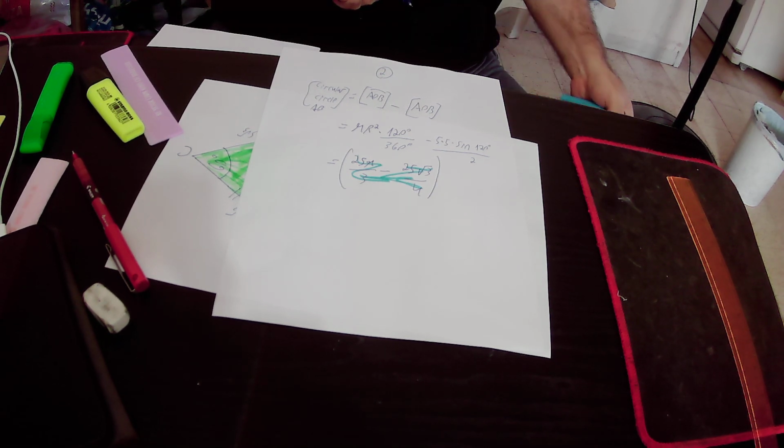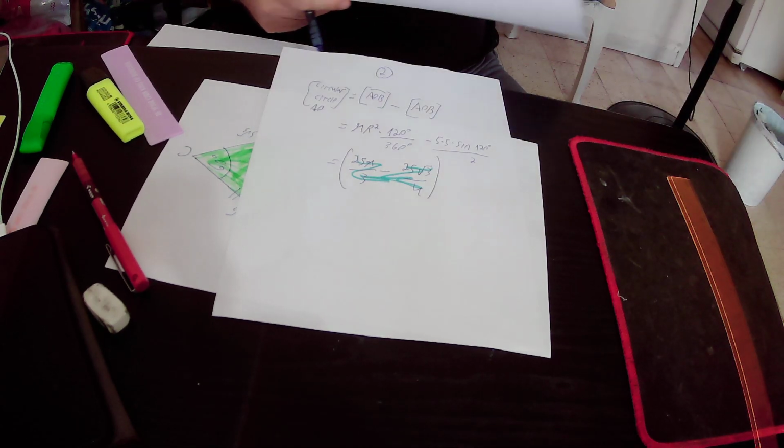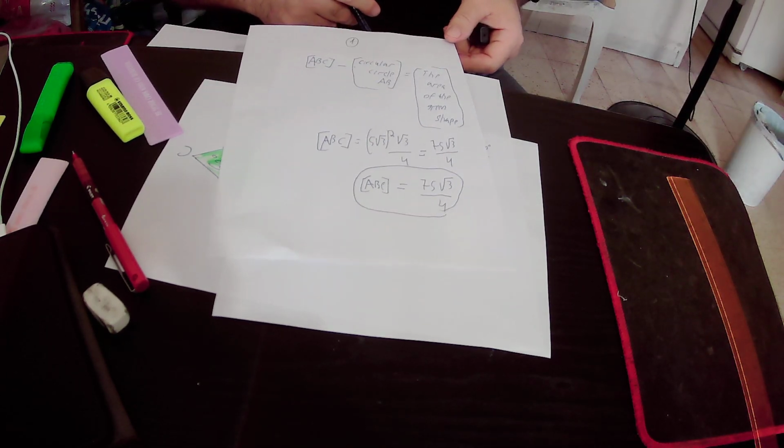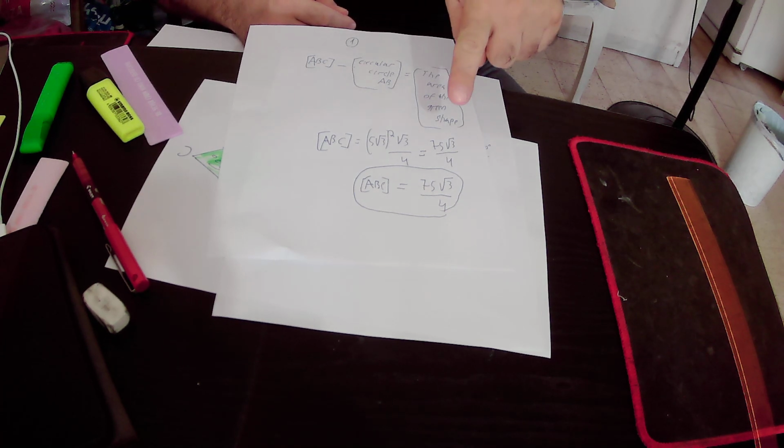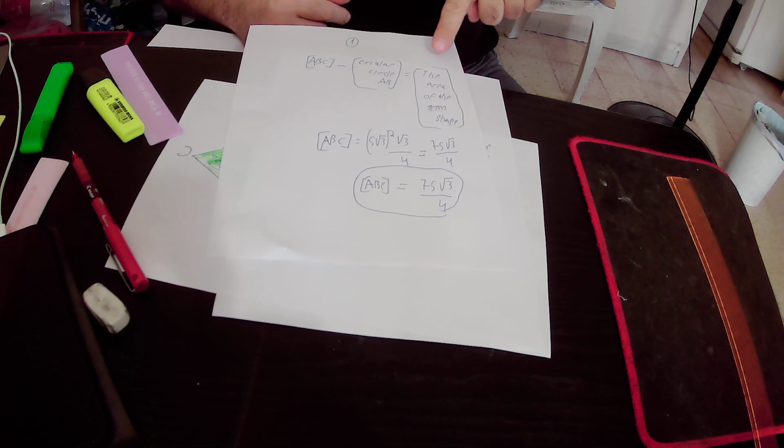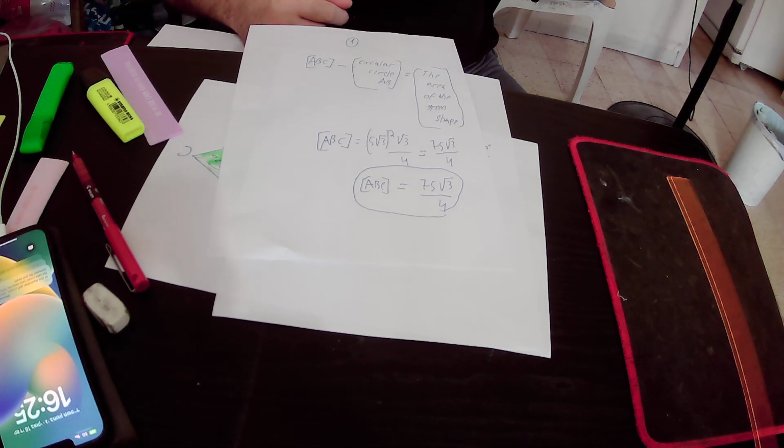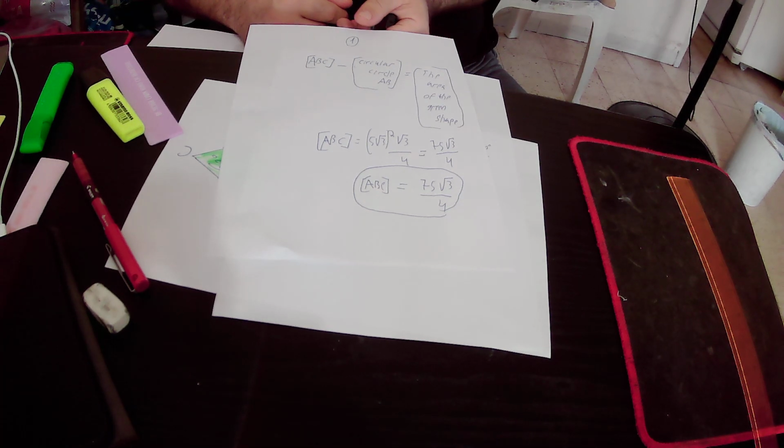And the area of the green shape equals the area of triangle ABC, that is actually 75 times root 3 over 4, minus the area of the circular segment AB. Okay?